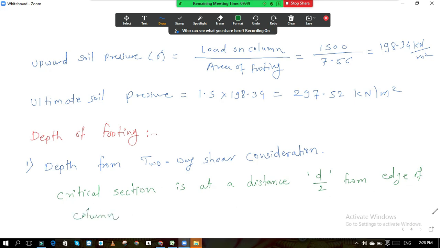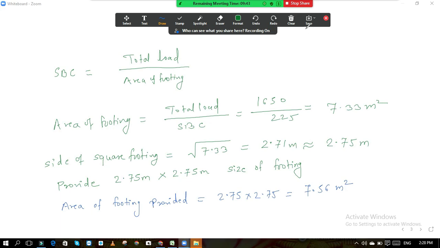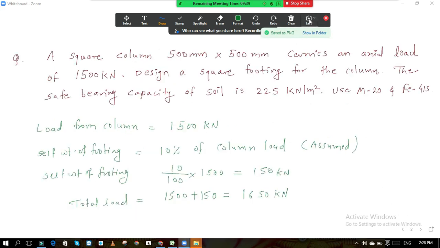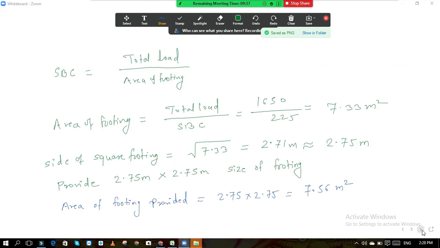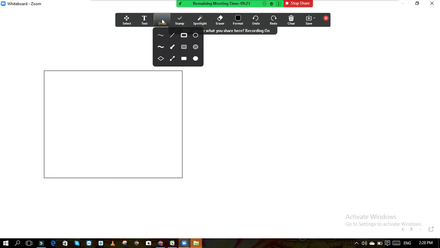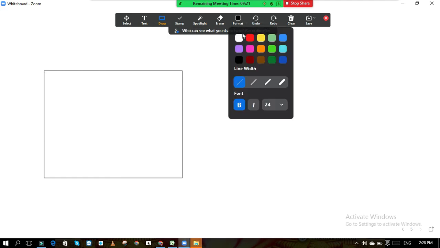Now we will draw one diagram so that it will be easier for you to understand. See now, this is the important thing. Pay total attention towards here. This is the footing. And now inside the footing, the column is there.